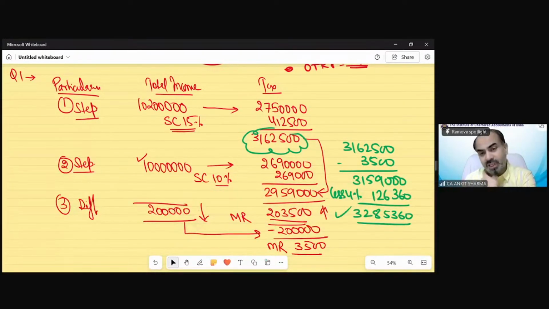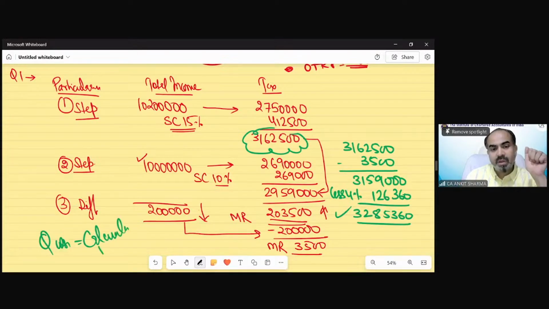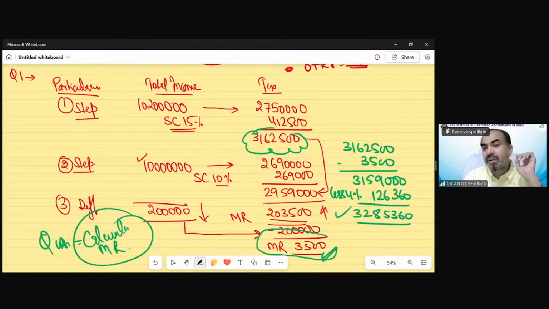Now suppose in this question, the question has been asked like this: just calculate the marginal relief, that's it. They are not asking you to calculate the tax liability. So my answer would end over here. Please do not do this step.